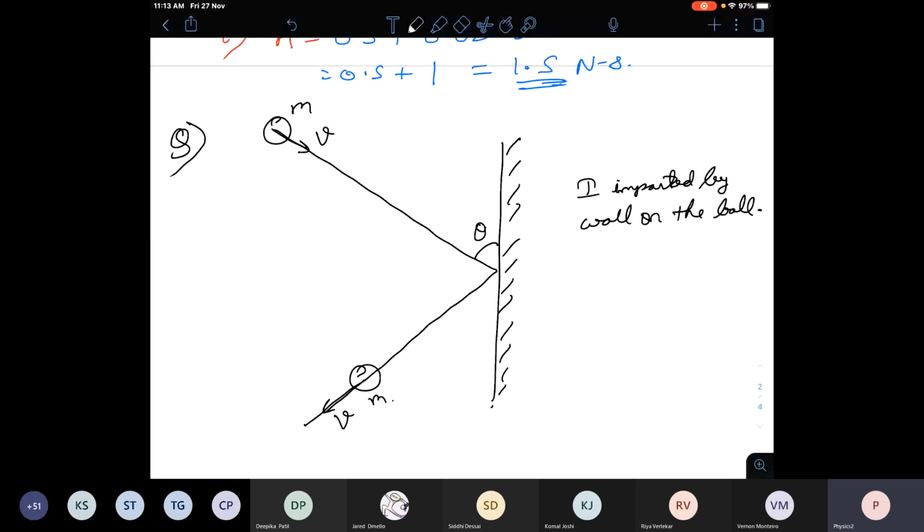The ball is thrown towards the wall with a velocity v, moving in a straight line. You don't have to worry about gravity and all. It collides with the wall and bounces back in this direction. This angle is also theta, which is given in the question.